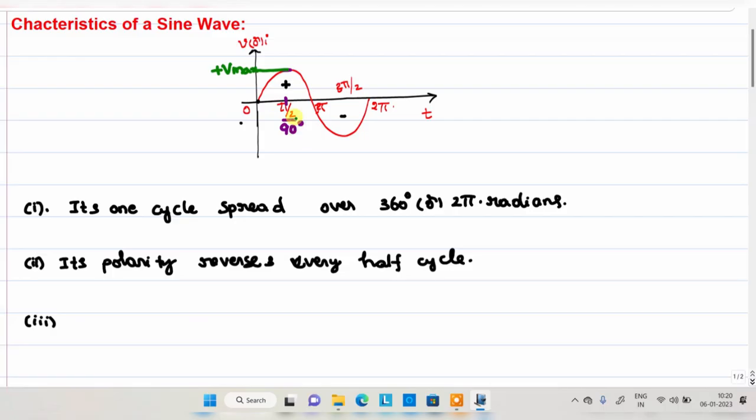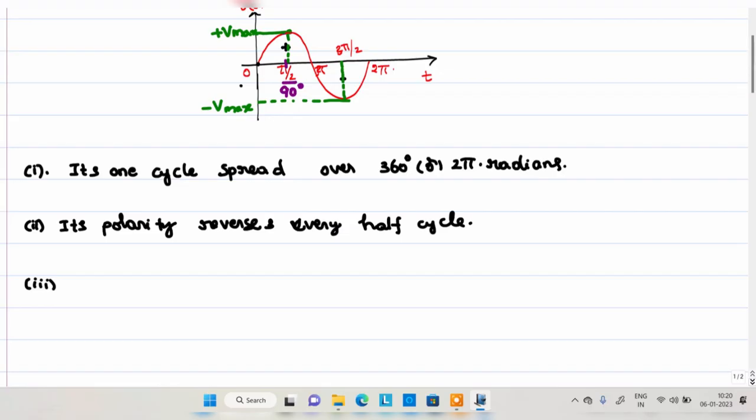At 270 degrees, see here, negative maximum. If that condition is satisfied, then it is called a sinusoidal waveform. This particular waveform shows exactly the same: at 90 degrees it is a positive maximum, at 270 degrees it is a negative maximum.